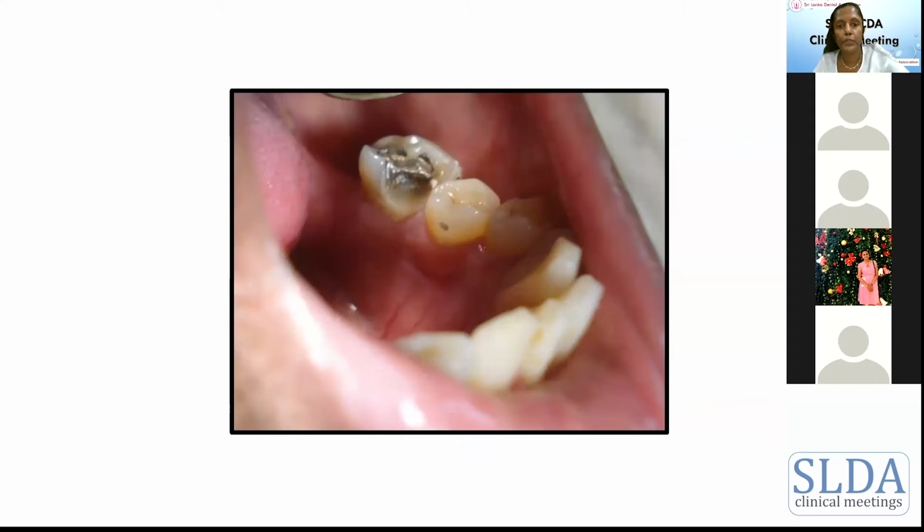Again, another tooth. You can see that there is an amalgam restoration in this tooth, and the mesiolingual cusp has been fractured. So it seems to be an MOD, maybe. In this patient also, a few months after the endodontic treatment, this cusp has been broken.